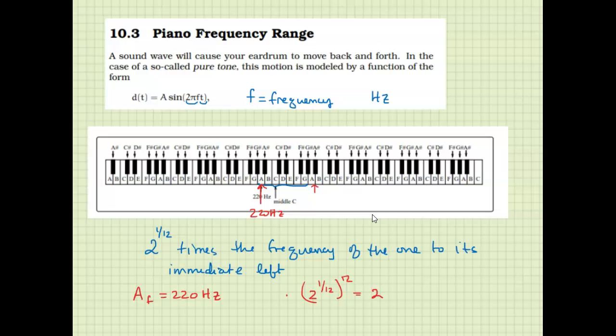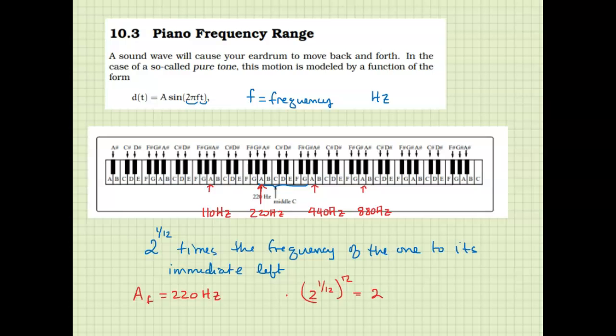The next A on the keyboard is going to be twice the frequency, so 440 hertz. By the next one, multiply by 2, this is going to be 880 hertz. If you go backwards, that A key had to be 110 hertz. So you can find the frequency of the beginning A's in each octave.